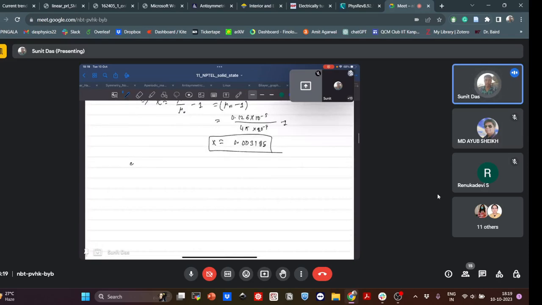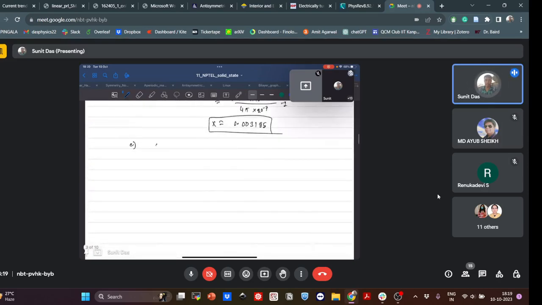And let's come to the C part. Whenever chi is positive, this implies either paramagnetic or ferromagnetic.